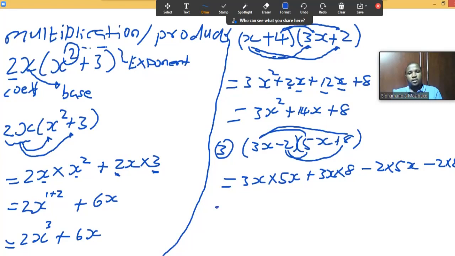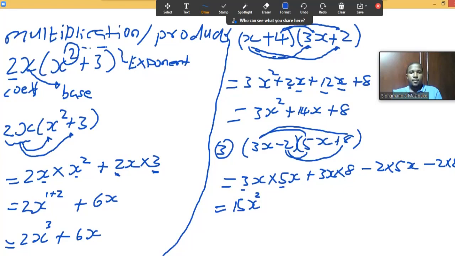So our answer should look like, so we have 3x times 5x. So we multiply first the coefficient, and we should be getting 15. So we have our 15x. Because it's x times x, 3x times 5x, it will be 15x squared.